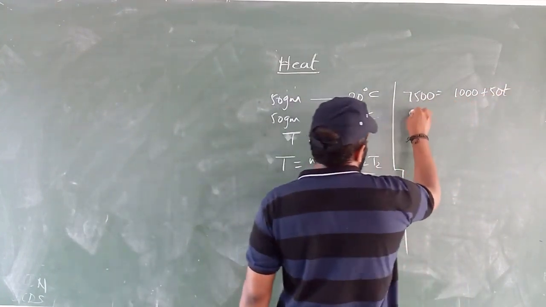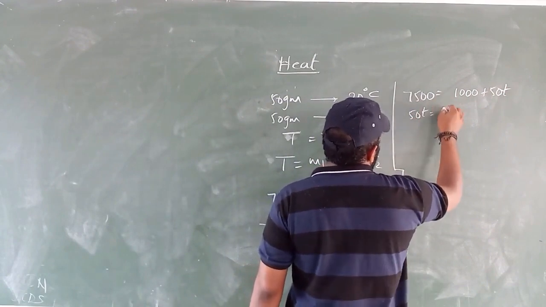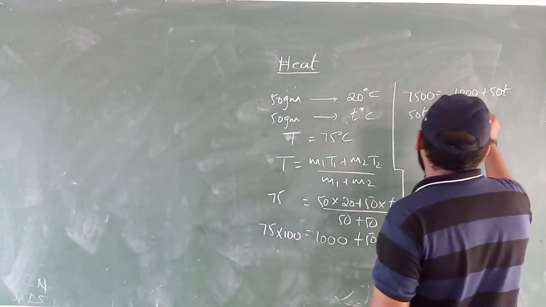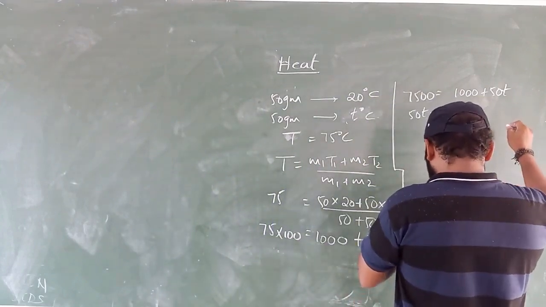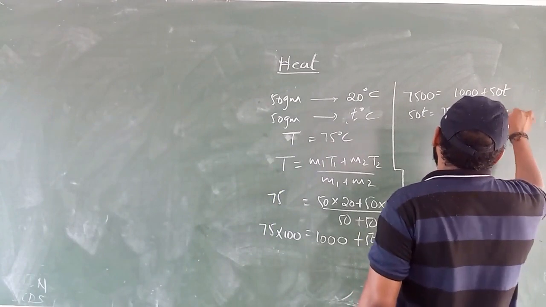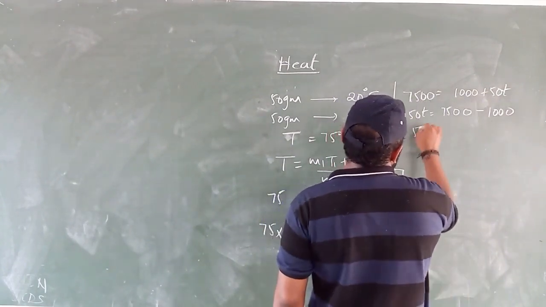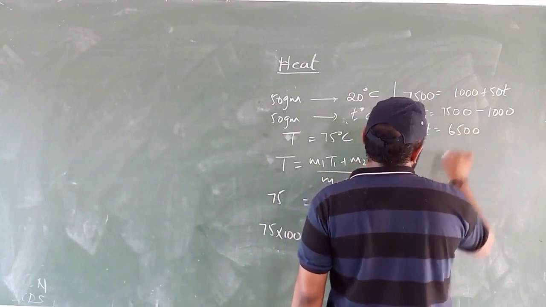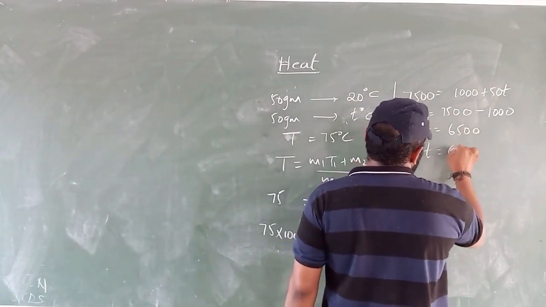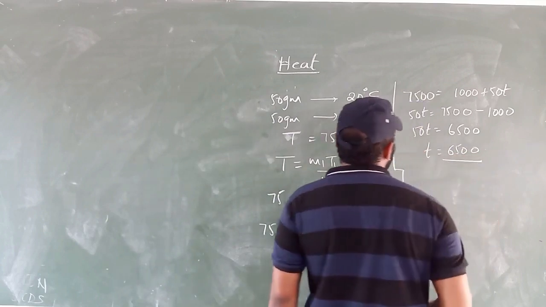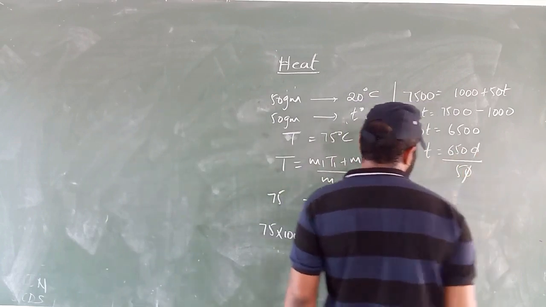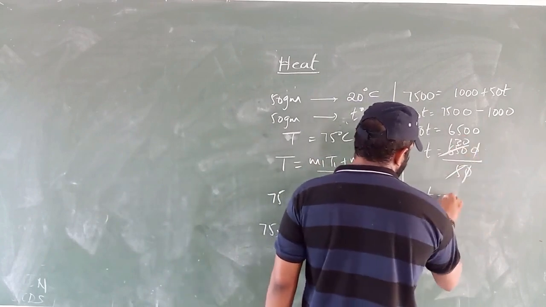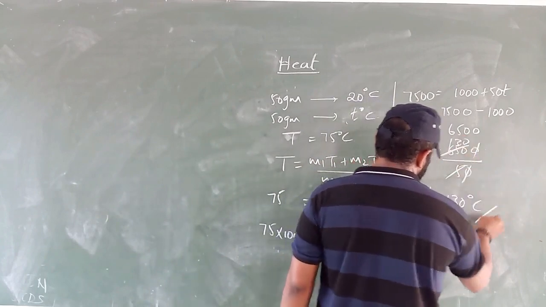What do you get? 50 T is equal to 7500 minus 1000, which is 6500. T is equal to 6500 by 50. The zeros get cancelled. So what will we get? T is equal to 130 degrees Celsius.